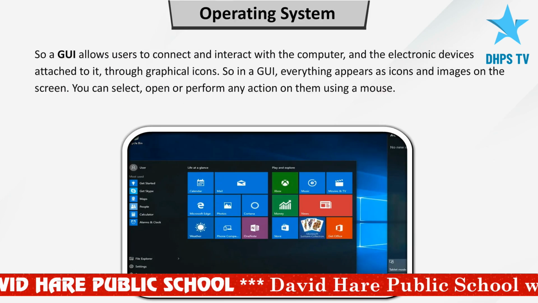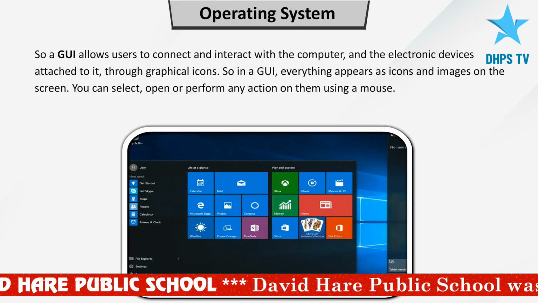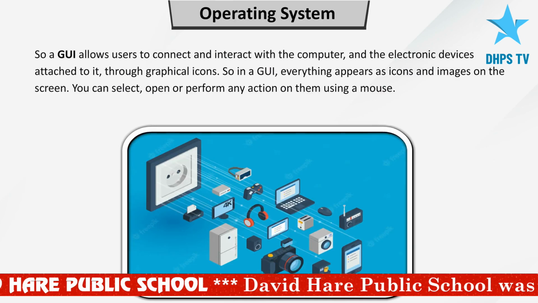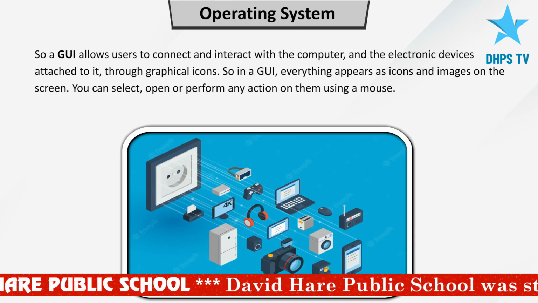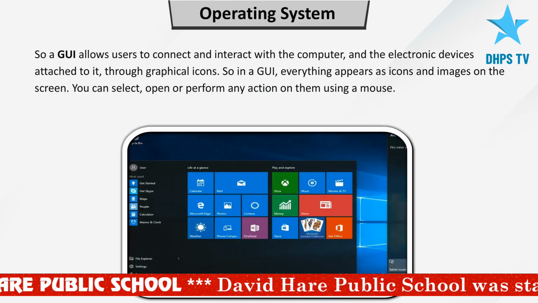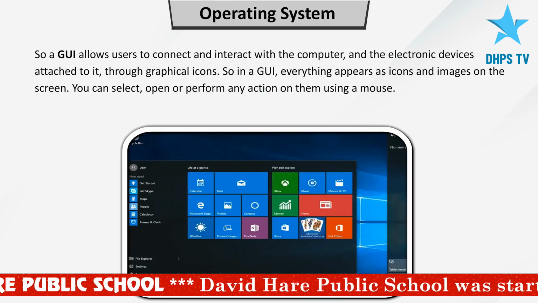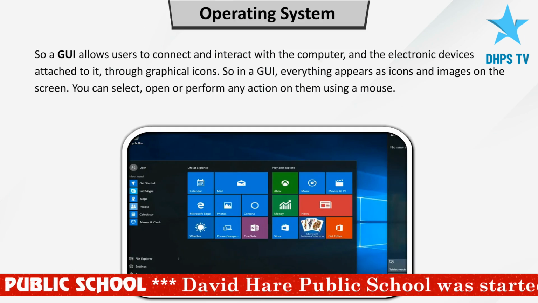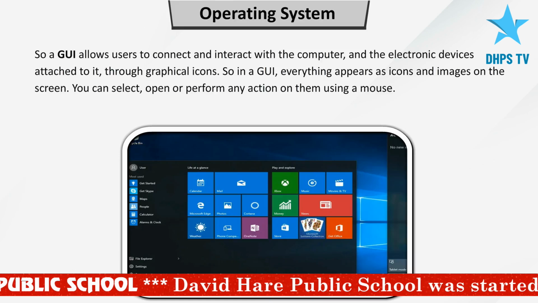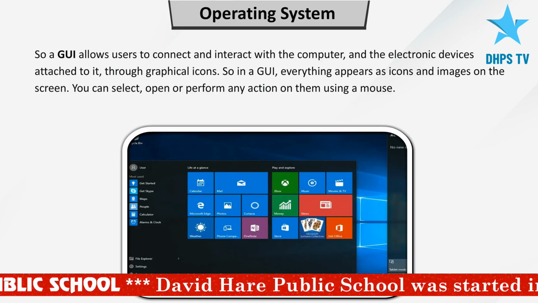So, a GUI allows the user to connect and interact with the computer and the electronic devices attached to it through graphical icons. So, in a GUI, everything appears as icons and images on the screen. You can select, open, or perform any action on them using a mouse.